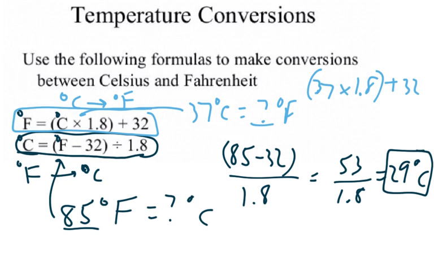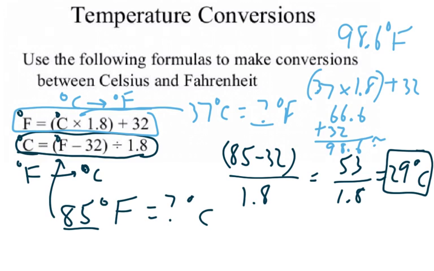So you go 37 times 1.8, and you do get 66.6. And then you're going to add 32. Now I'm going to show you how to do the significant figures here. You get 98.6, okay? 98.6 would be the unrounded answer in Fahrenheit.